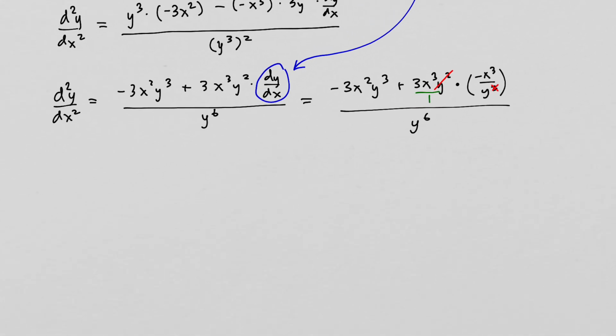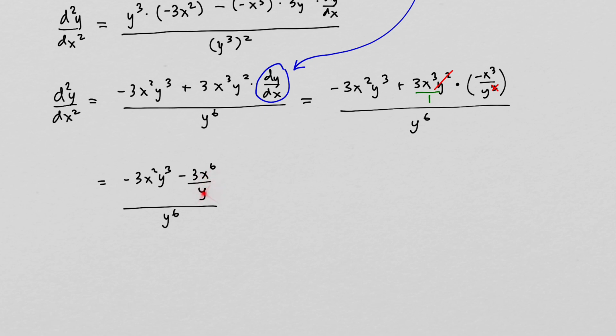And that is going to leave us with negative 3x squared y cubed. And then we have plus 3x cubed times negative x cubed. That's going to be negative 3x to the 6th over y, all over y to the 6th. Okay, so again, I'm just multiplying the tops of these fractions and the bottoms of these fractions.